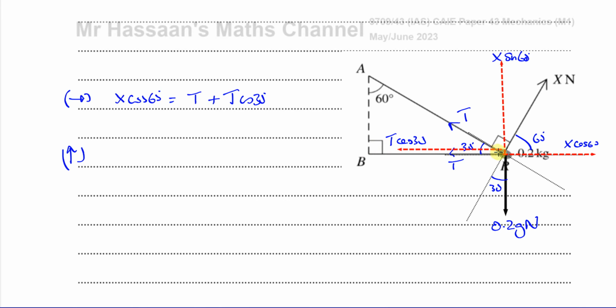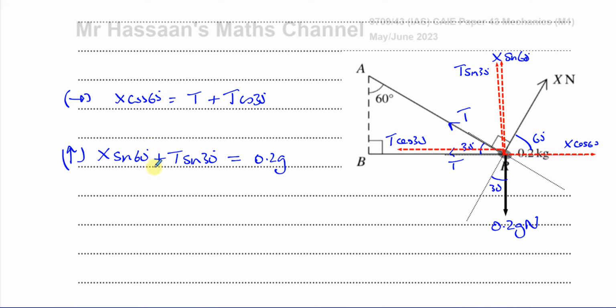So this T, which is at an angle, you resolve it in this direction, it's going to be T times, going away from 30, T times sine of 30. So vertically, you're going to have x times sine of 60 plus T times sine of 30 is equal to 0.2g. That's the forces acting vertically.